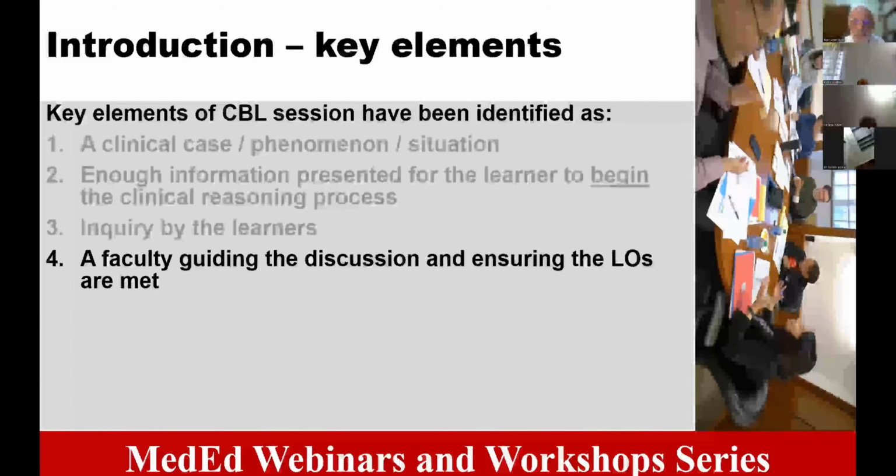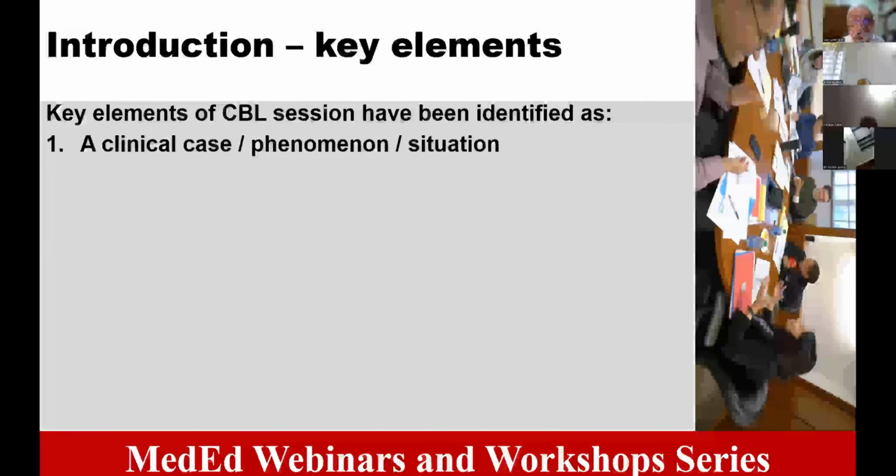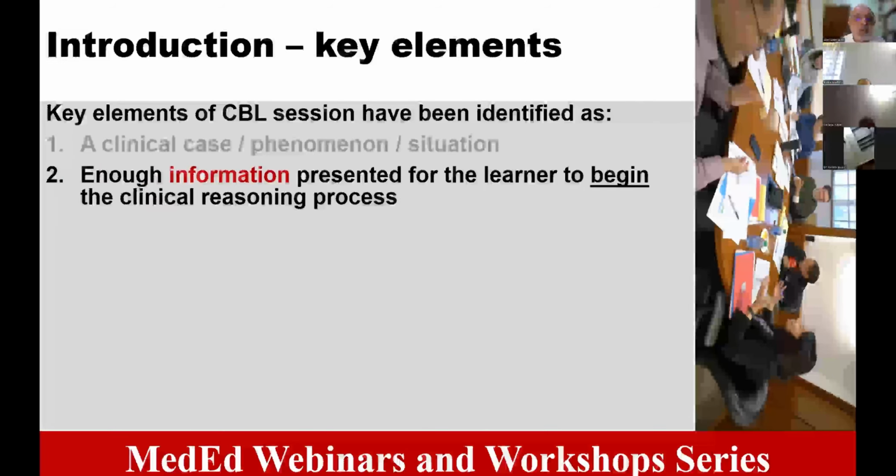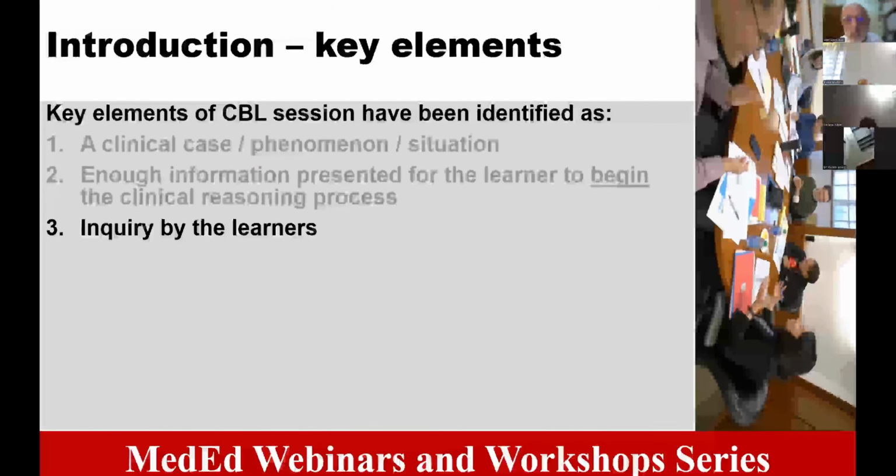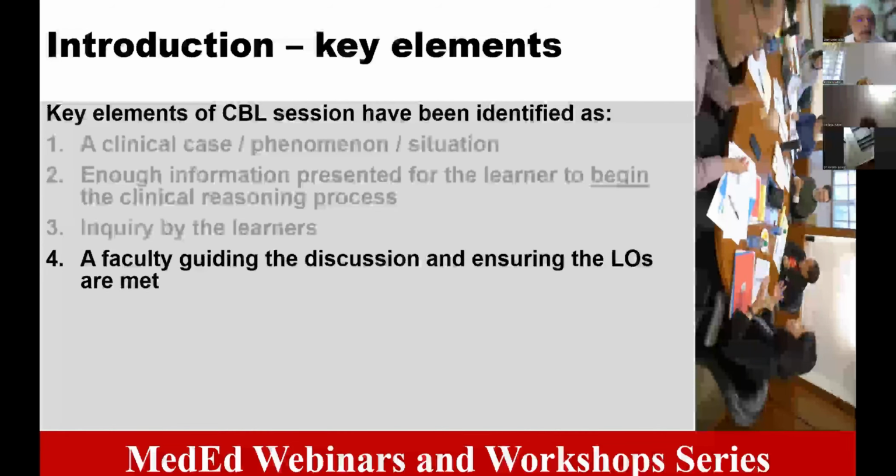So 4 basic elements. There has to be a case, and preferably a real case. Then we need to provide some information about that case, which would make the students start thinking and clinical reasoning. In the process, students would ask some questions which we need to answer, and along the way, the lecturer has to guide the students and make sure that whatever learning outcomes have been identified are met.